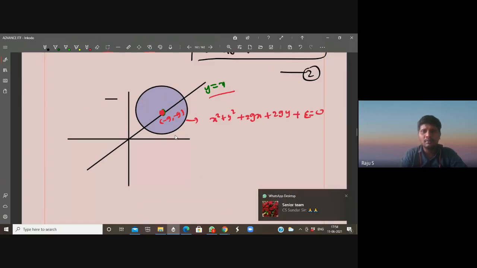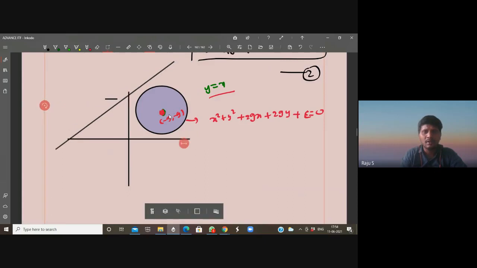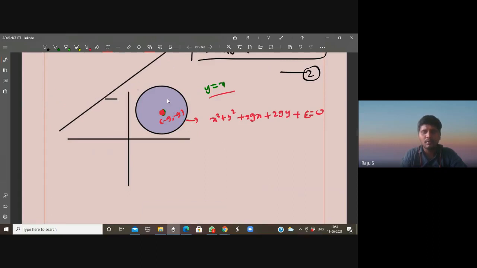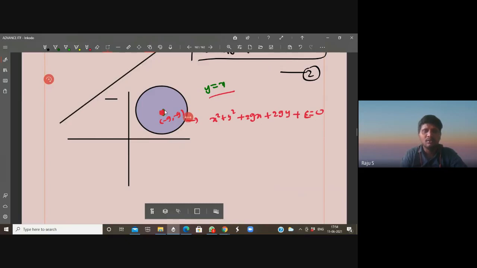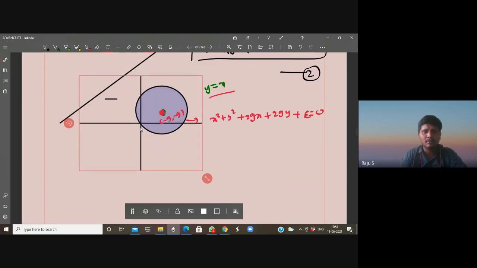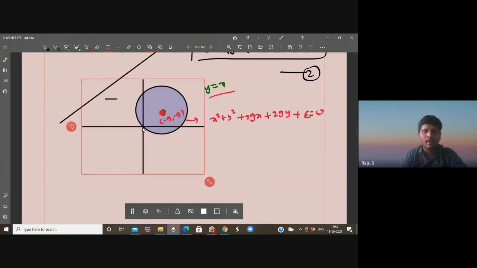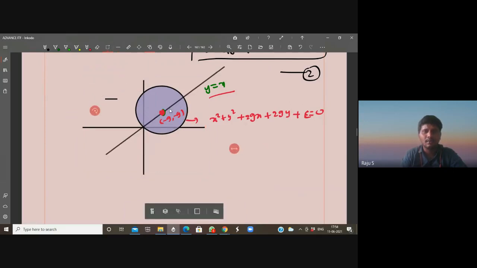The circle must be passing through the origin. We should not take c here. It should be passing through the origin. Now this line equation is correct. Understood?